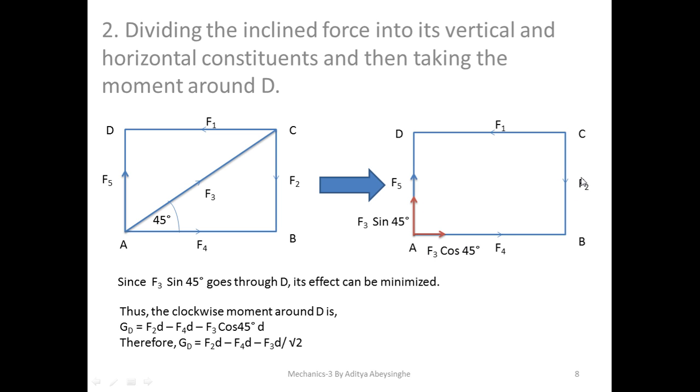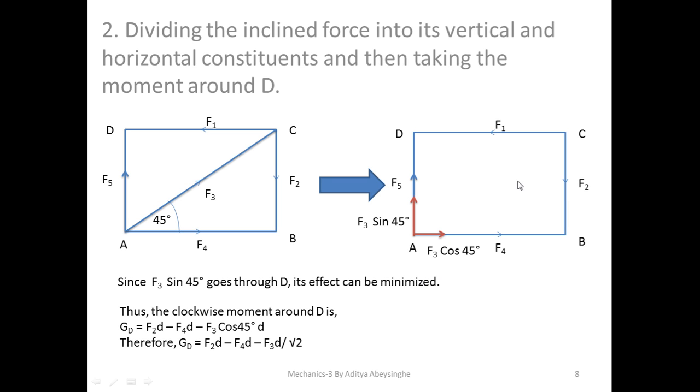When you calculate the moment around D, F2 creates a moment around D in a clockwise direction, and F4 creates a moment around D in an anti-clockwise direction, and F3 cos 45 also creates a moment around D in a counterclockwise direction.